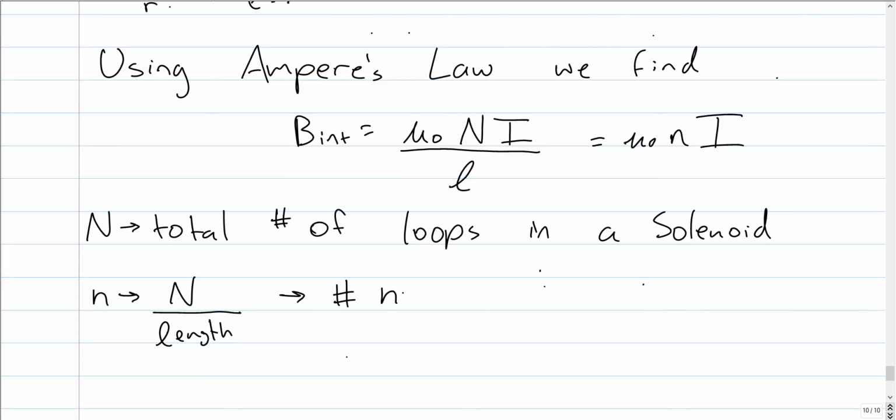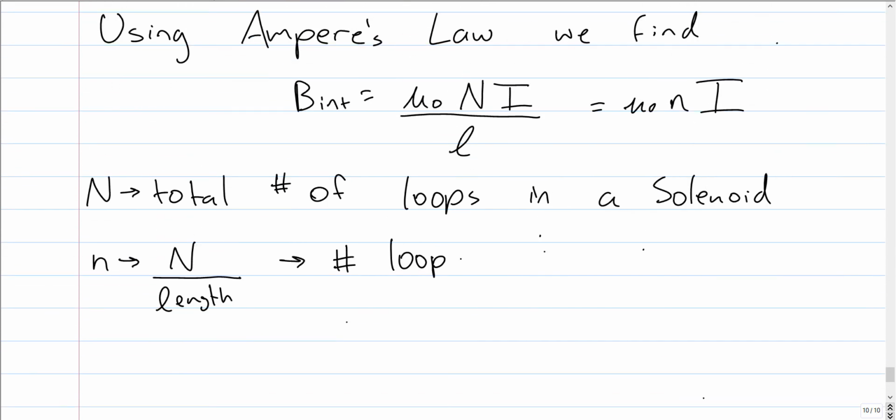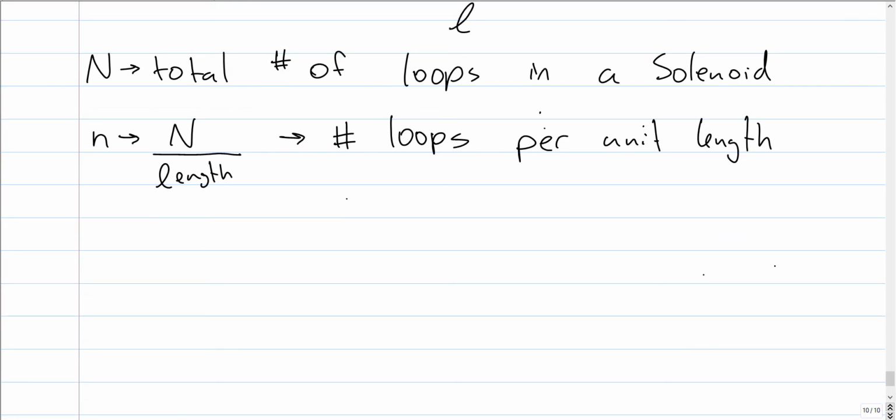And so number of loops doesn't give us the absolute loop value or a number or the absolute length, but what it does give us is the number of loops per unit length. And that's the most important factor in determining what the magnetic field is going to be once we've taken into account our current.